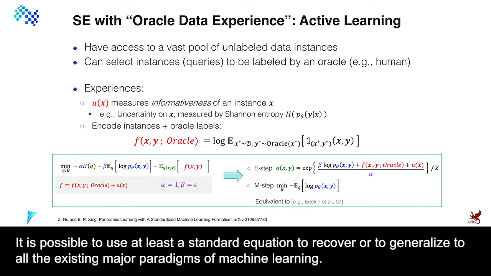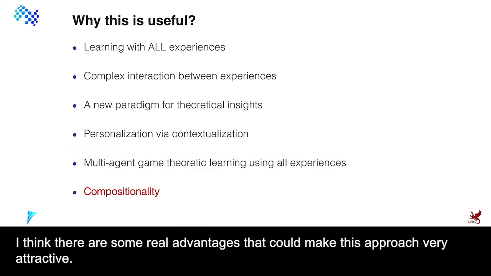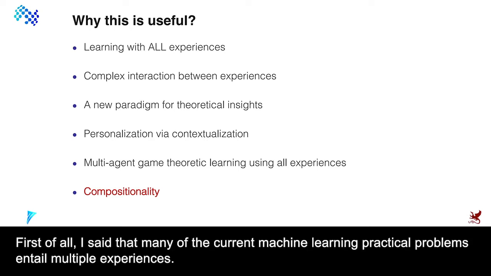It is possible to use at least a standard equation to recover or to generalize all the existing major paradigms of machine learning. I think there are some real advantages that could make this approach very attractive. First of all, many of the current practical machine learning problems entail multiple experiences.